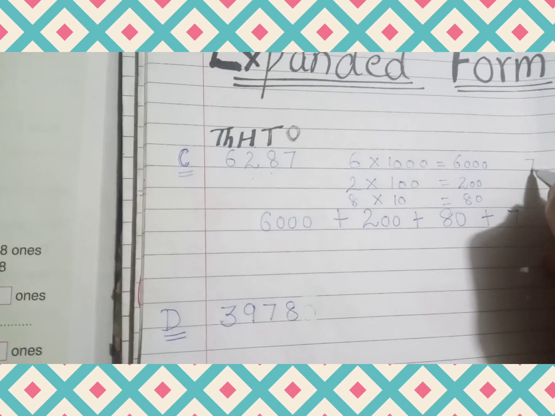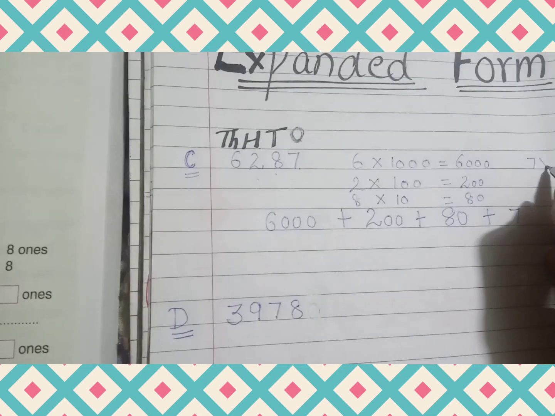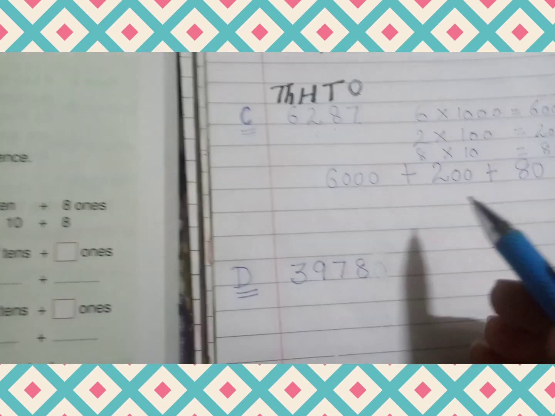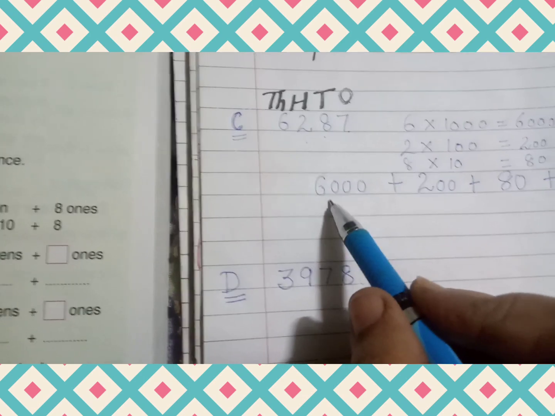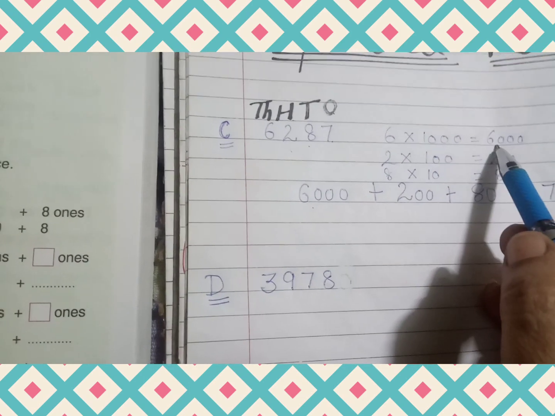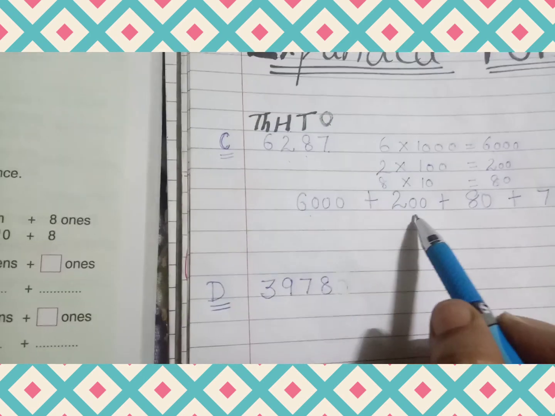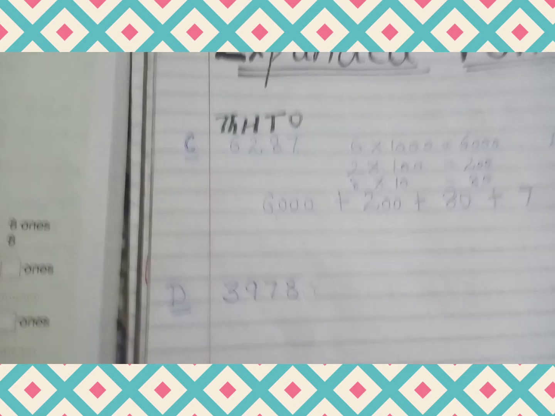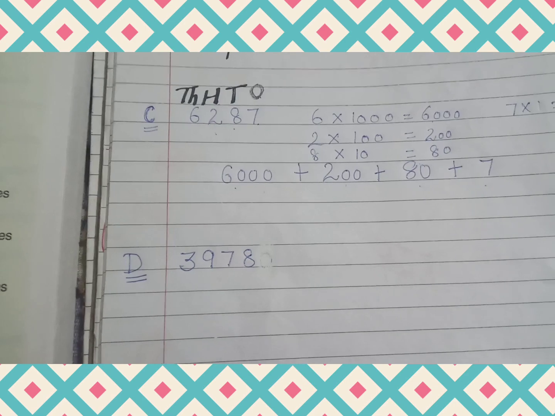And 7 is at the 1's place, 7 ones are 7. So now we will write its expanded form: 6287. Now it is easy to understand. Now one more sum.